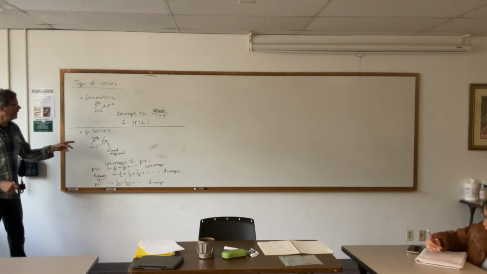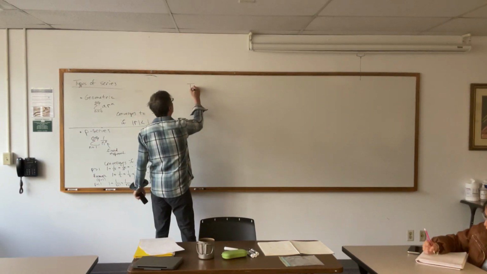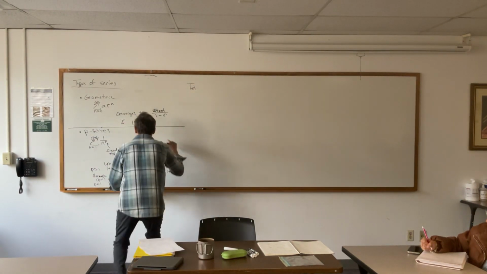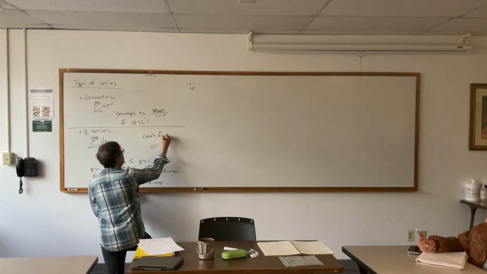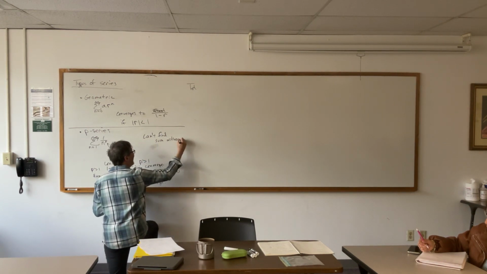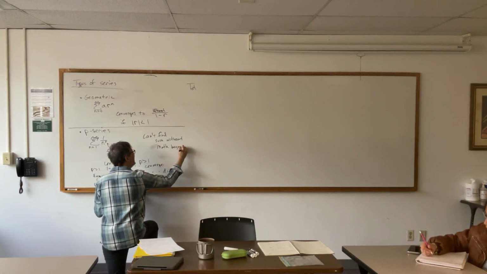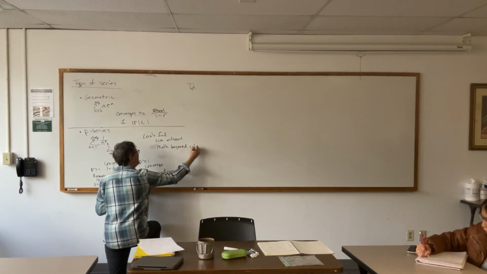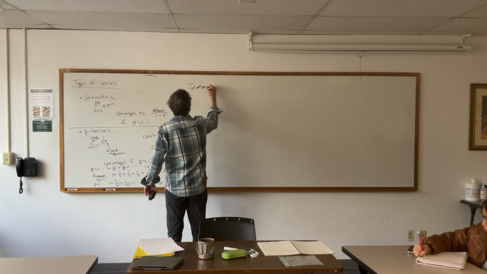So we got P series, and then we also talked about then telescoping. So first off, just make a note here. Can't find the sum of these without math beyond calculus, unlike those up there. And then we have these telescoping series.